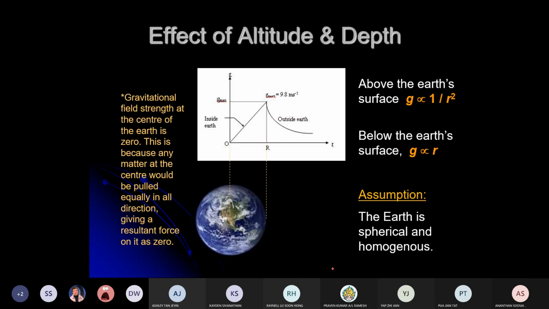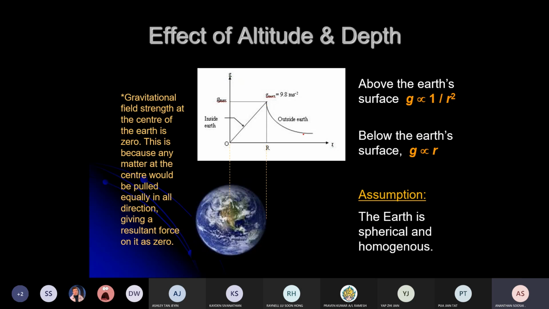So keep everything in mind. This is the final graph for g versus r. Inside the Earth, it's linearly proportional. At the surface, g for the Earth is 9.8. Going out of the Earth, g drops by the inverse square law, g proportional to 1 over r squared.